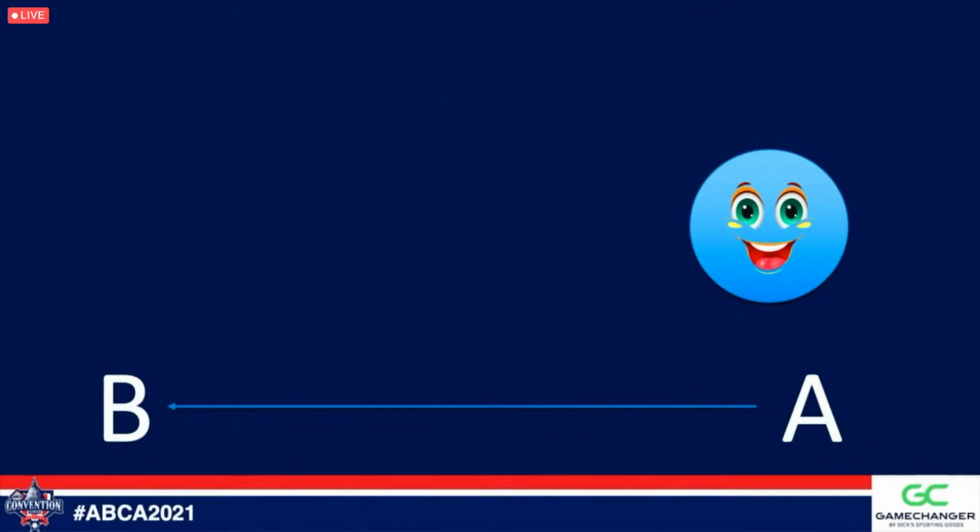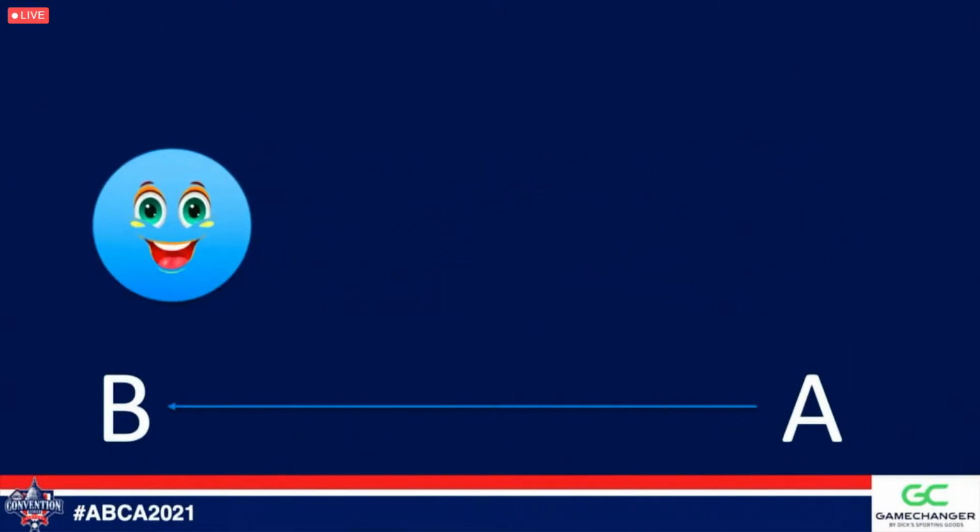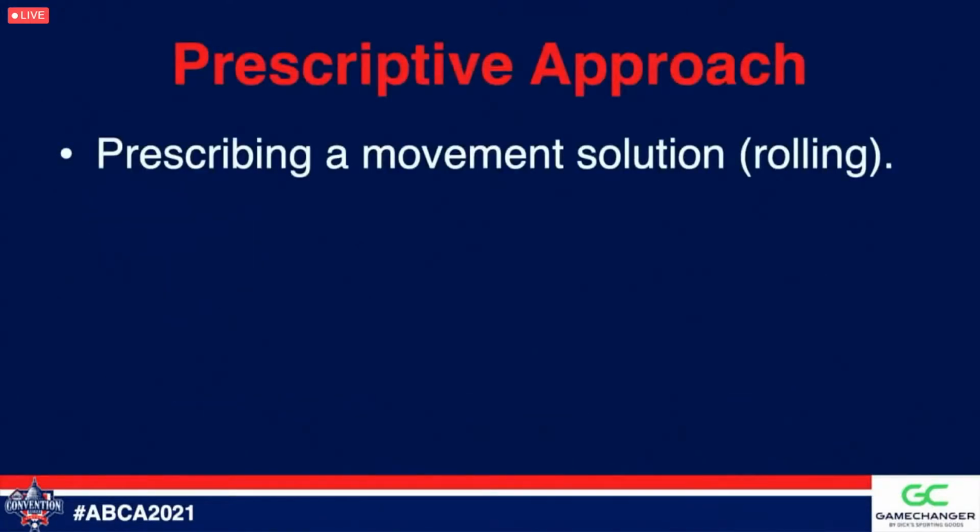So let's say you pick your favorite professional athlete and he rolls from A to B. So you show video to your young circle player of guys rolling, you explain the mechanics of it, and maybe you take him through slow motion drills. And sure enough, the circle player picks it up quickly and can easily roll from A to B. We call this the prescriptive approach because we're prescribing a movement solution or a mechanic to our athlete, in this case, rolling.